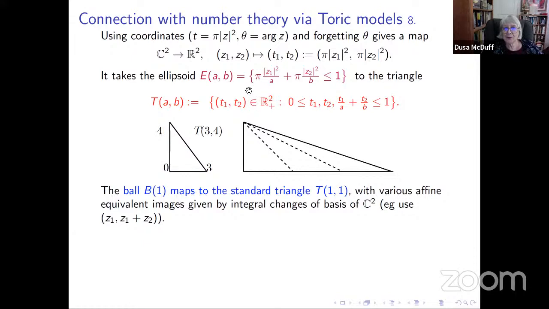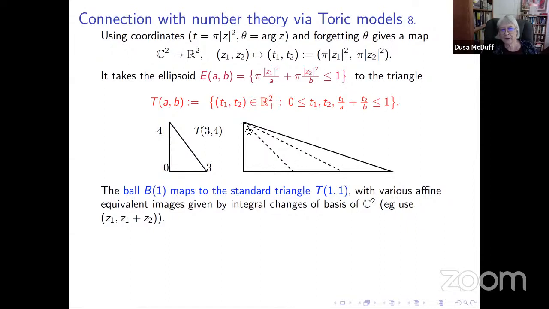And then this map here, you've collapsed out T2, but you could have chosen it to act differently. If you look at integral affine changes of basis of C2, like using this change of basis, then you see this triangle here is equivalent to this slanty triangle here.